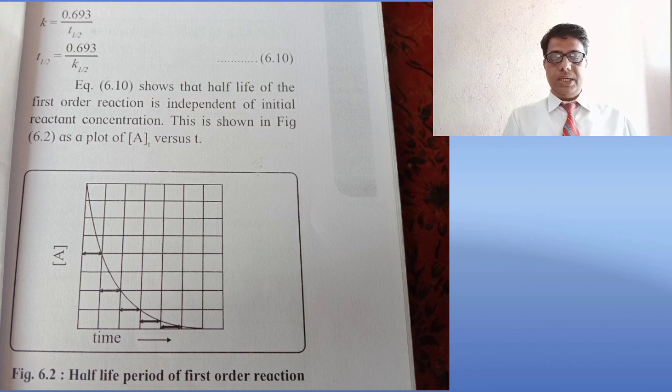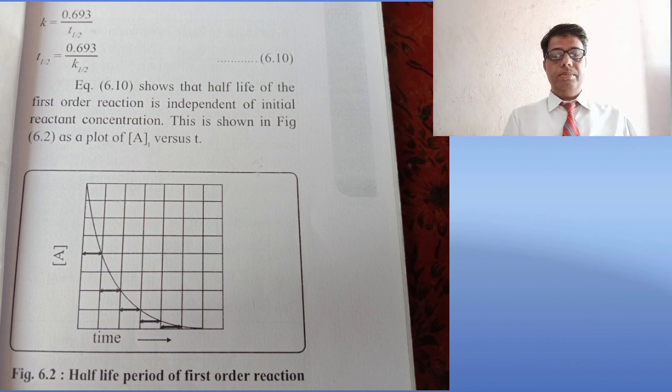This is the first form. Second, in the exponent form, a_t is equal to a0 into e raised to minus kt. And third form: k is equal to 2.303 upon t log to the base 10 a upon a minus x. These are the three forms of the integrated rate law for first order reactions in solution medium.